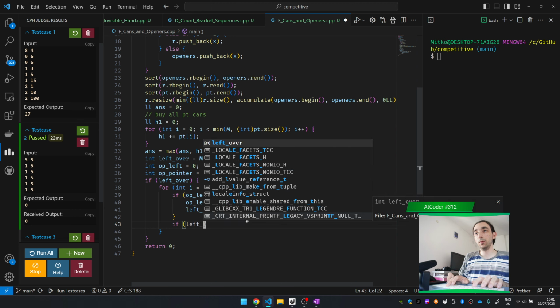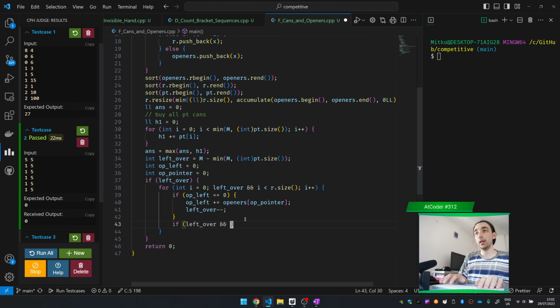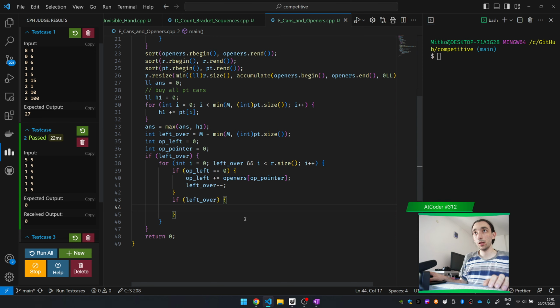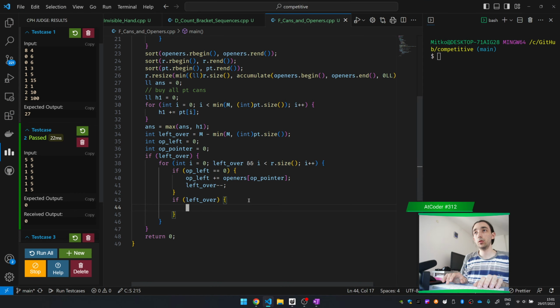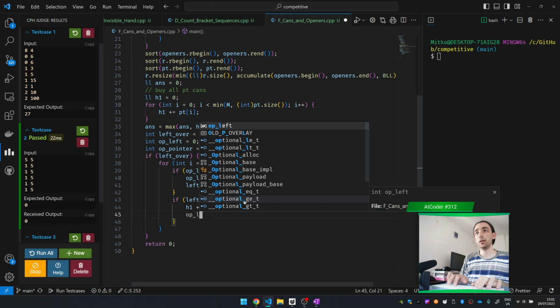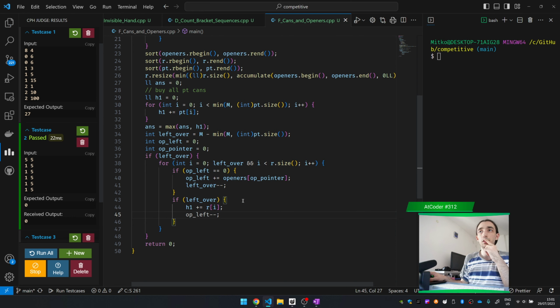So if leftover, and now there is an opener, then you want to buy, what do you want to buy? You want to buy a regular, right? So regular at I, so you want to buy like happiness 1 plus equal regular at I. So I buy this and I say openers left minus minus.